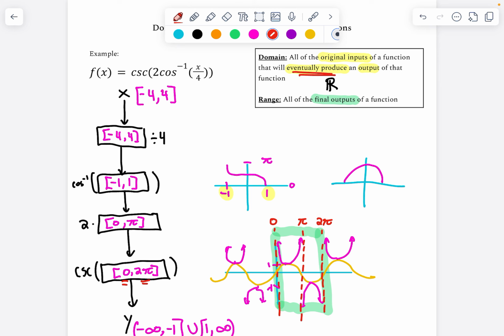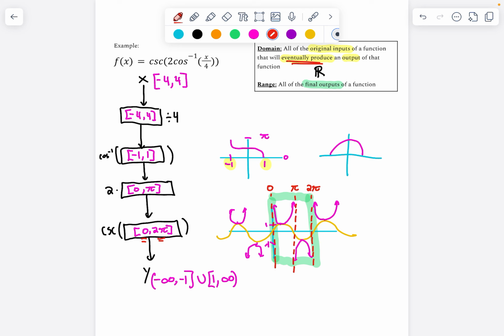Now we have to work back up the chain to figure out where 0, pi, and 2 pi came from. We said 0, pi, and 2 pi do not work, so we have to go back up the chain to see where exactly those things came from. We had multiplied 0 to pi by 2, so 0 gave us 0, pi gave us 2 pi, and pi over 2 would have given us pi.